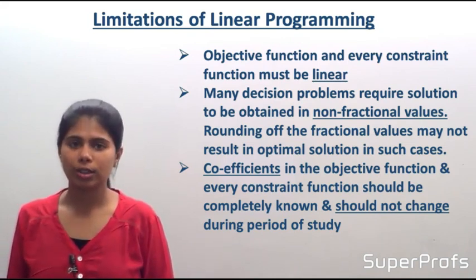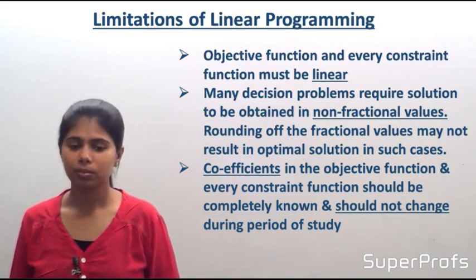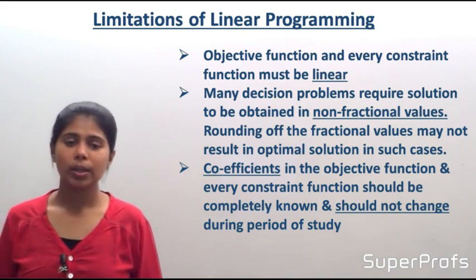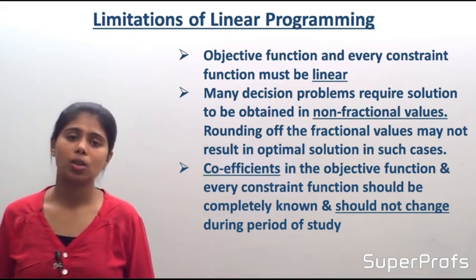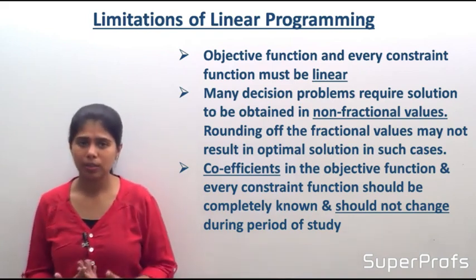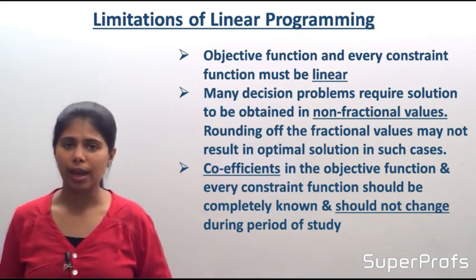Coefficients in the objective function and every constraint function should be completely known. So what are the coefficients? We need to know, and they should not change during the period of study.